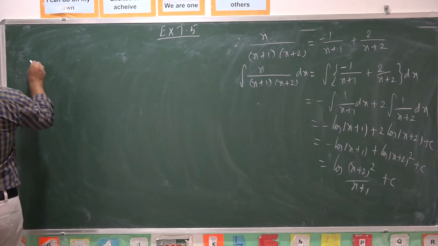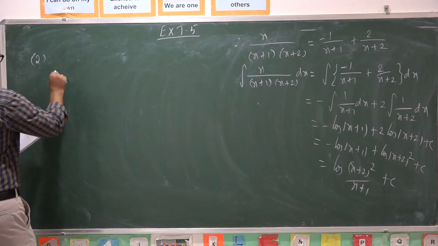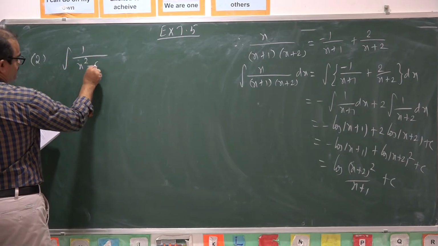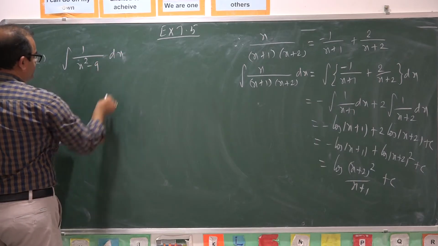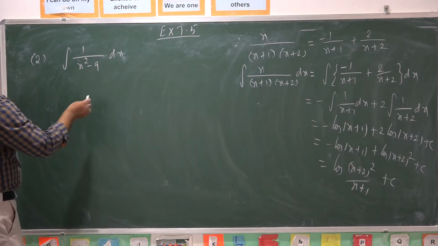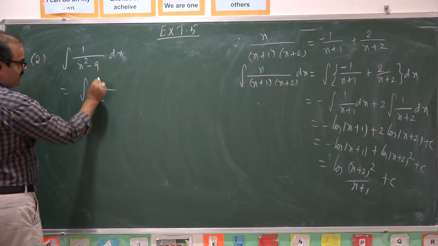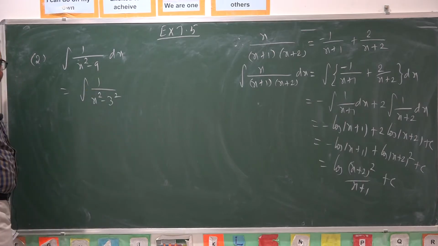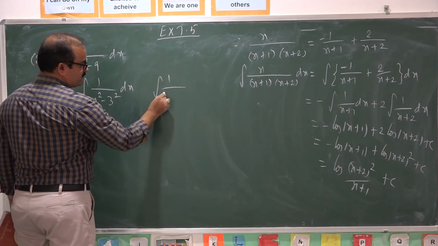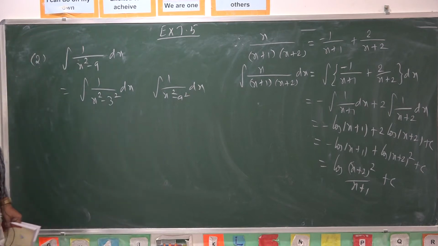Next, integral of 1 by (x square minus 9) into dx. Write it as 1 by (x square minus 9), where 9 is taken as 3 square, into dx. Now it is in the form of integral 1 by (x square minus a square) directly.